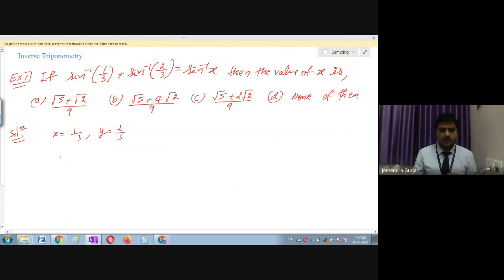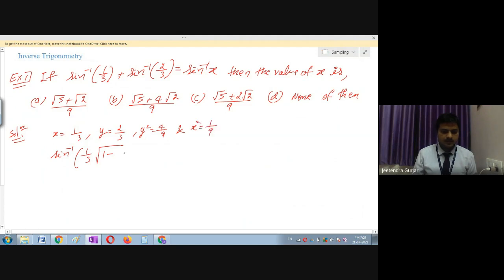Please remember the formula and write down: sine inverse of 1 upon 3 square root of 1 minus y square. Y square is 4 upon 9, and x square is 1 upon 9.